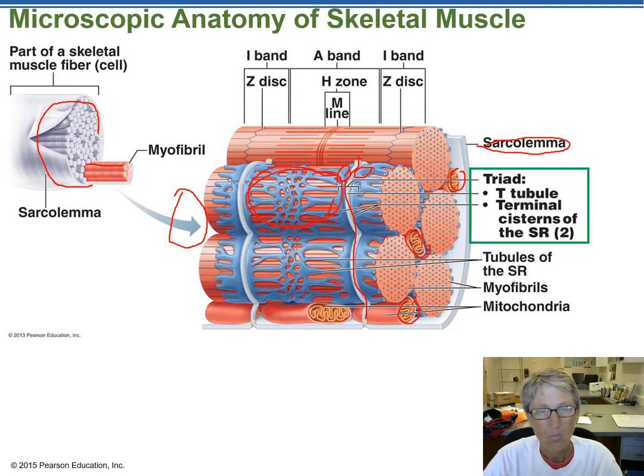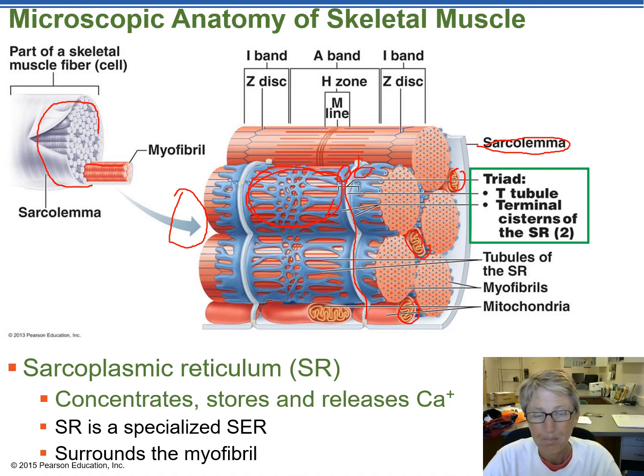And when calcium is present, you can have the myosin heads forming cross bridges with actin and making the sarcomere get shorter. And when you have millions of sarcomeres getting shorter along the length of a muscle, you can contract a whole muscle.